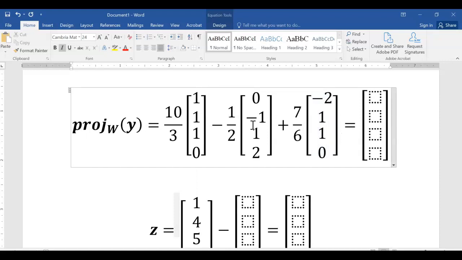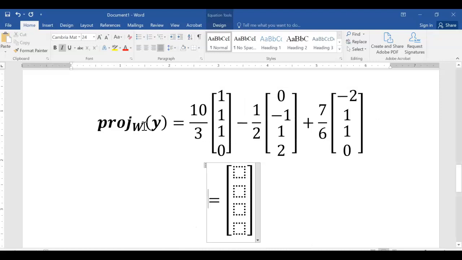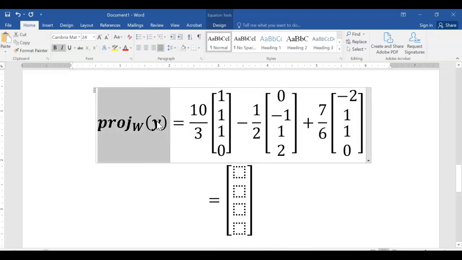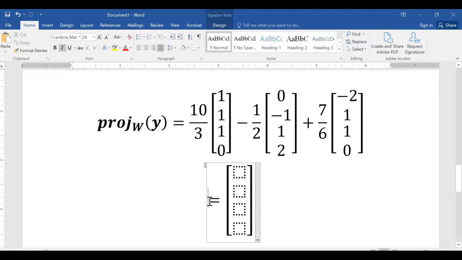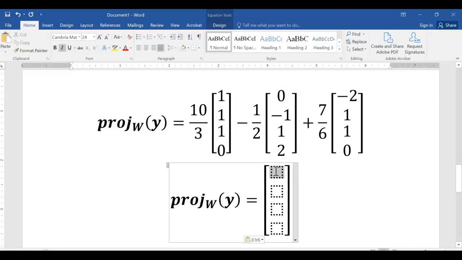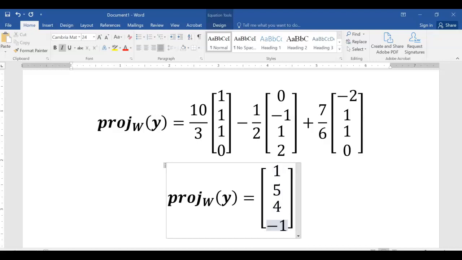Now when you add all those things up, the projection of y onto W is going to be equal to 1, 5, 4, -1. All right, kind of turned out fairly nicely there.